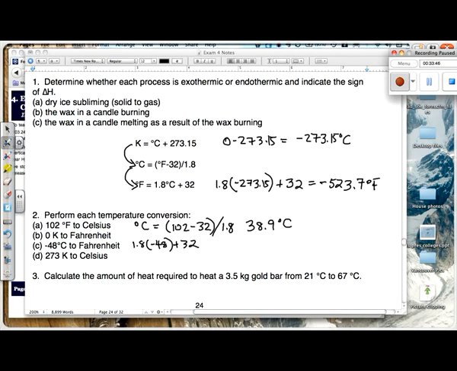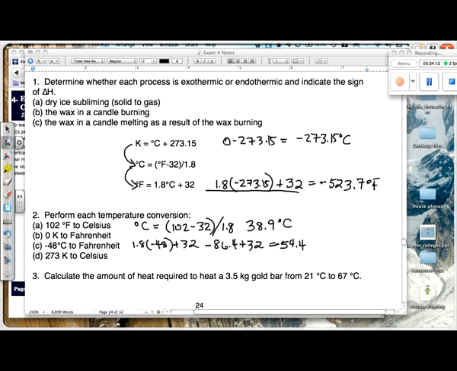All right, so the 1.8 times 48 is negative 86.4 plus 32. That's where I messed up earlier on this one. So I need to redo that. And then I end up with negative 54.4 for C.